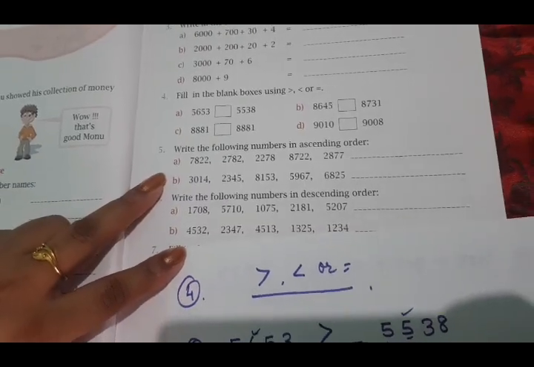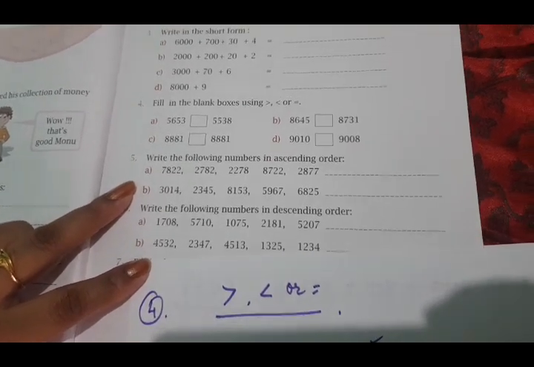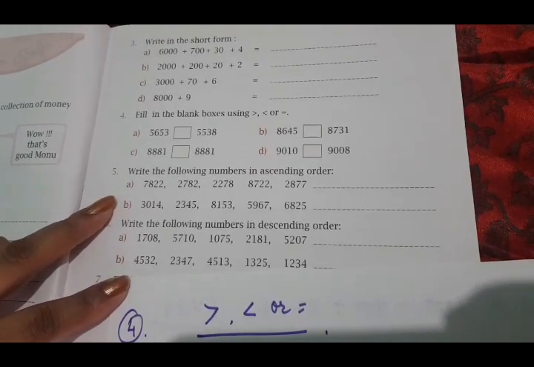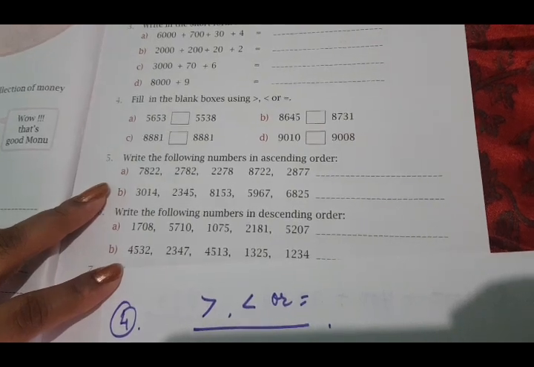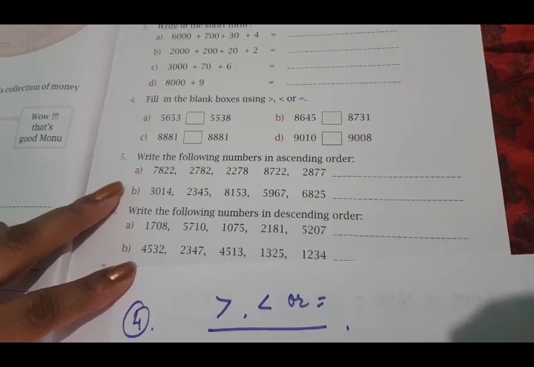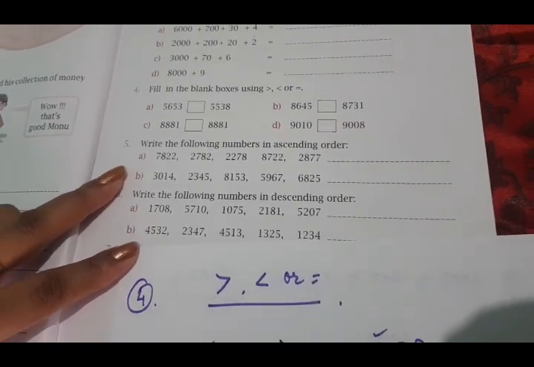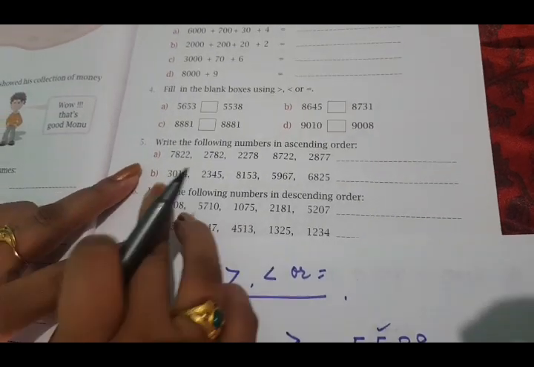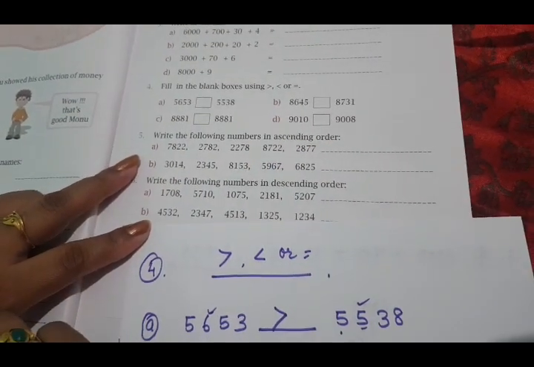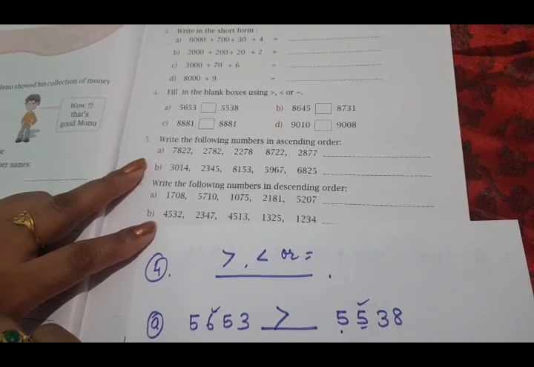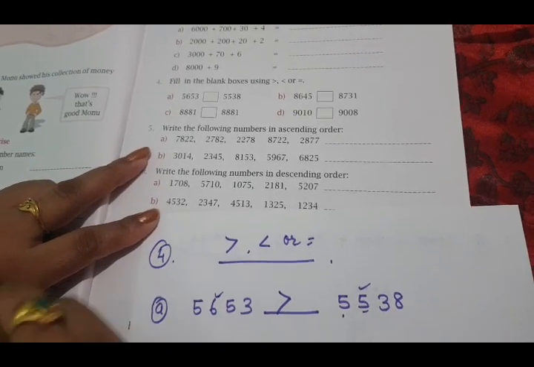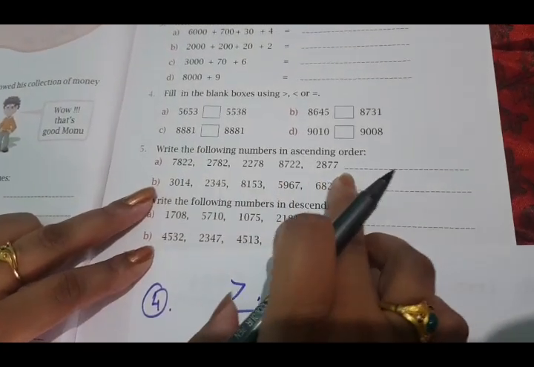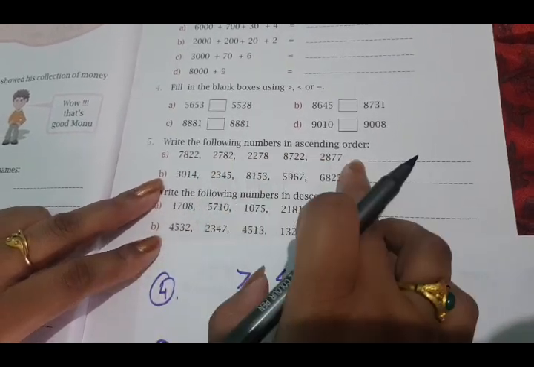Okay. In question number 5, we can see write the following numbers in ascending order. What does the word ascending mean? The word ascending means, according to the sentence, to arrange the numbers from smaller to the bigger number. So we need to find out the smallest one first.